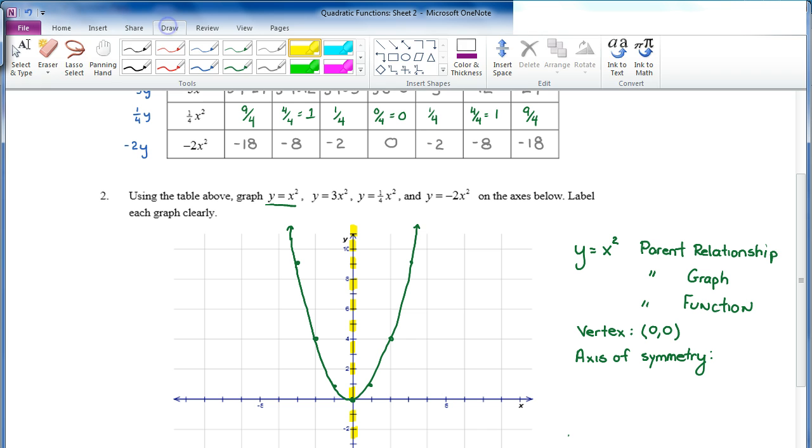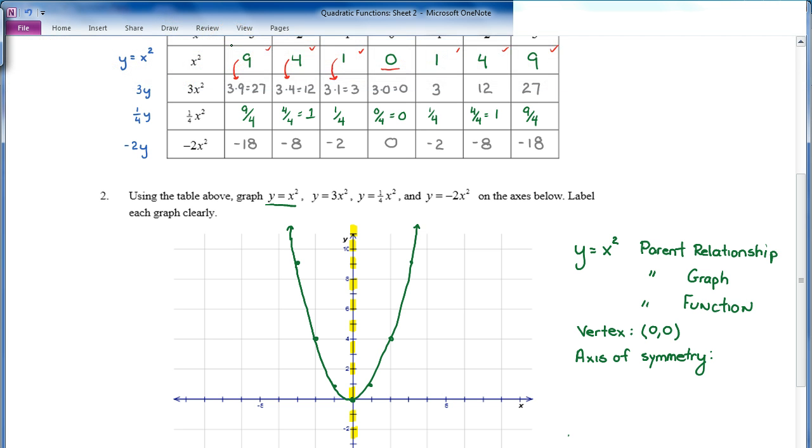Remember, very important, the axis of symmetry is always the equation of a line. So this is going to be x equals 0. And we want to know the direction of opening. The direction of opening is going to be up because this parabola opens upwards.